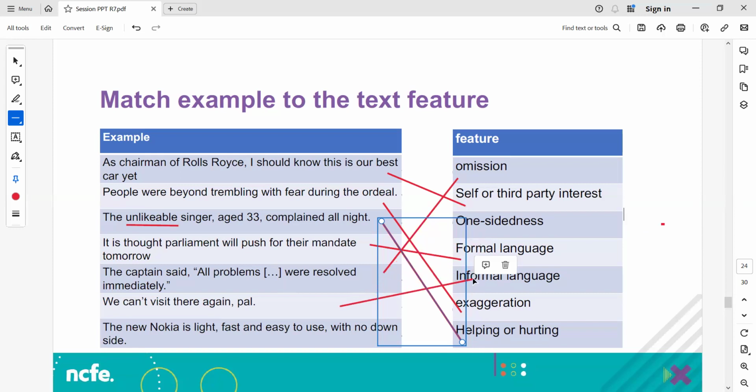And so finally, the new Nokia is light, fast and easy to use with no downside. And we've just got one left, one-sidedness. So there it's clear one-sidedness because it's telling us there's no downside. So I'm assuming this is a review. But as one of you mentioned, other examples there are biased, so they could also be described as one-sided.